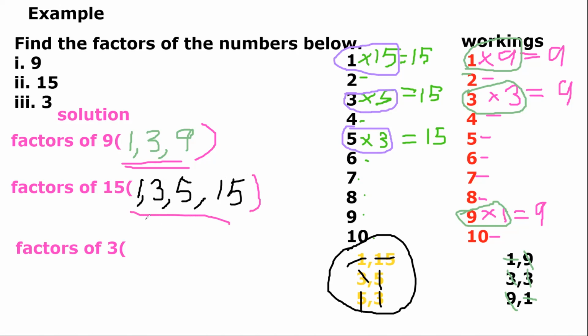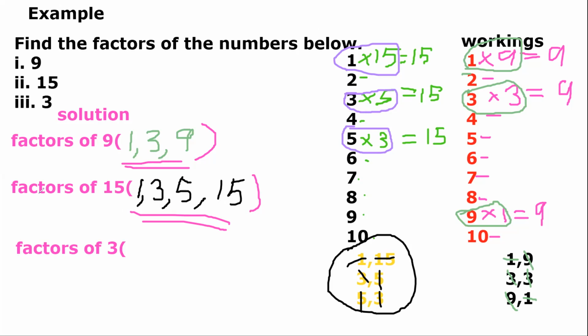Now these are the numbers that can divide 15 equally. Let's see, 1 is a factor of 15, 3, 5, and 15 is okay. It has a definite end. Very good.